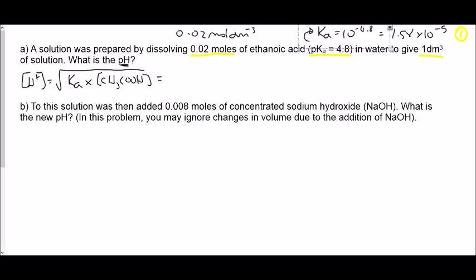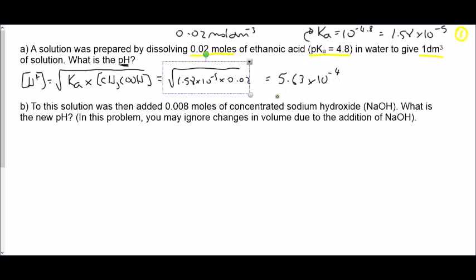So all we need to do is substitute the numbers into that equation. So that's our concentration of H+ ions.